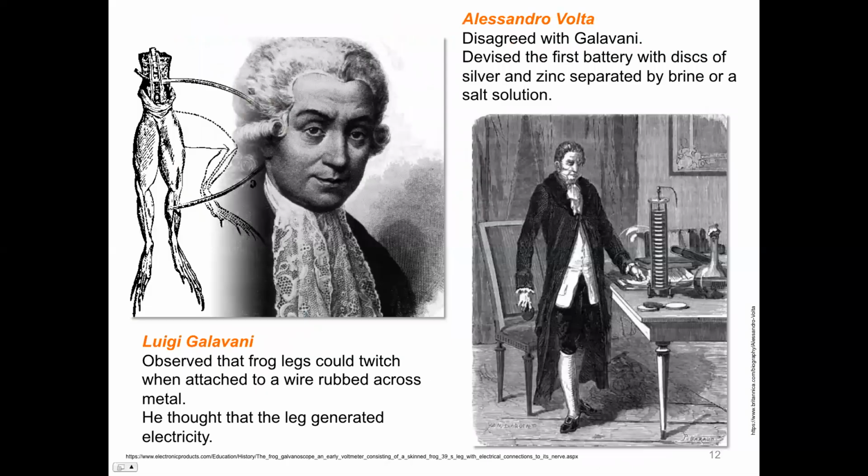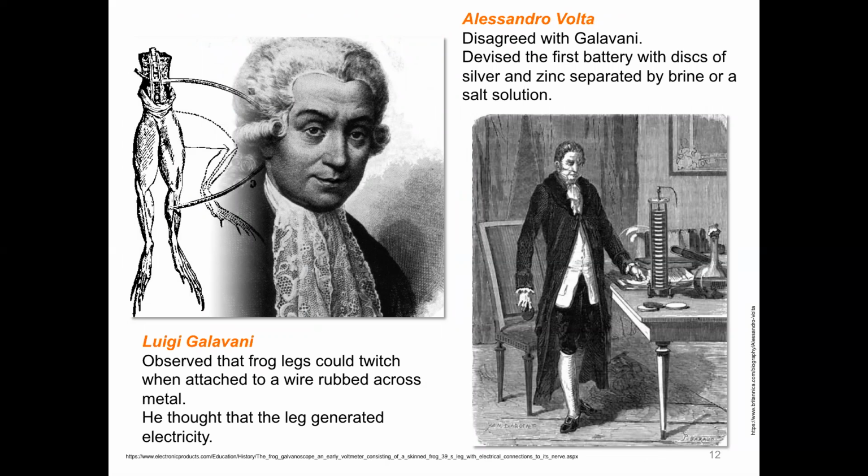So your body is full of salty stuff, all kinds of different salts, including salt, but other different types of salts, and it is a good conductor. So if you rub this metal wire on a screen, it's going to generate some sort of a current, and indeed the frog leg would be able to move that.